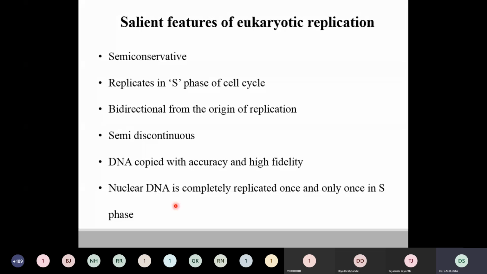Replication takes place in the S phase of the cell cycle. It is bidirectional from the origin of replication, semi-discontinuous. The copying process has high fidelity and accuracy, and the entire genome, whatever is there in the cell, is replicated. Genome is the entire genetic information present in the cell.